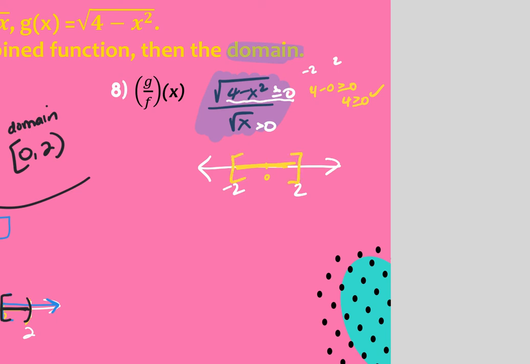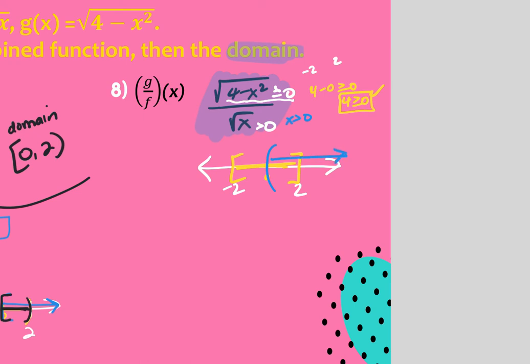Yep. When you plug in the 0, what's the answer you have to get in order for it to work? It just has to be a true statement. So this time it's 4 is greater than 0, which is true. Then the denominator says that it has to be greater than 0, which means it's a parentheses on the 0 pointing to the right.